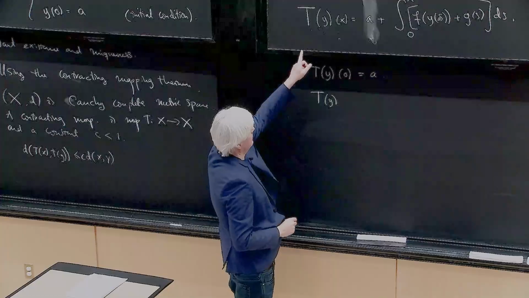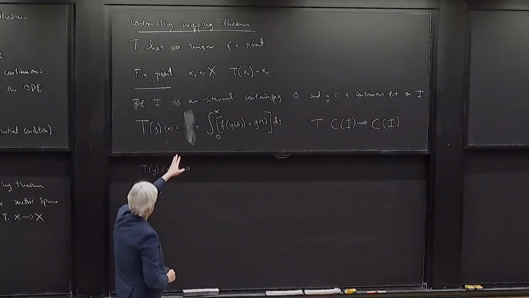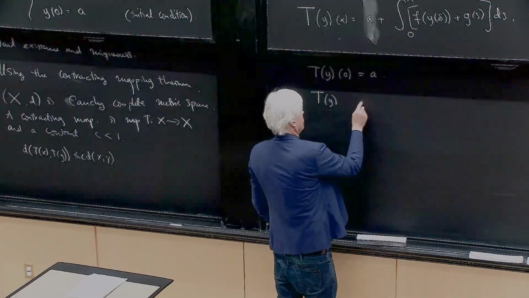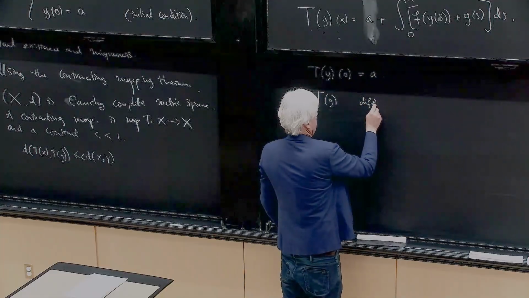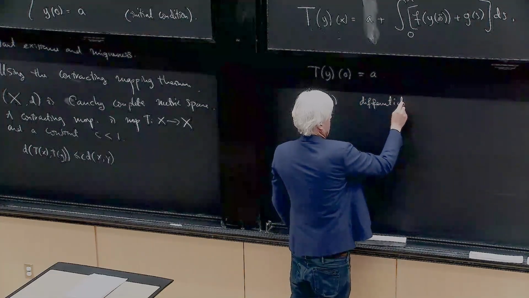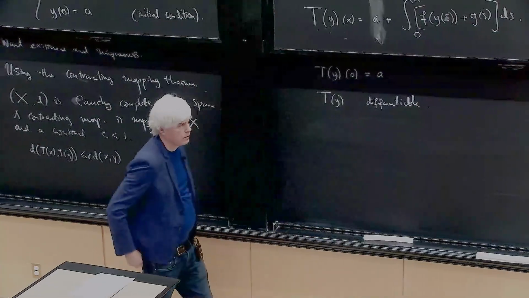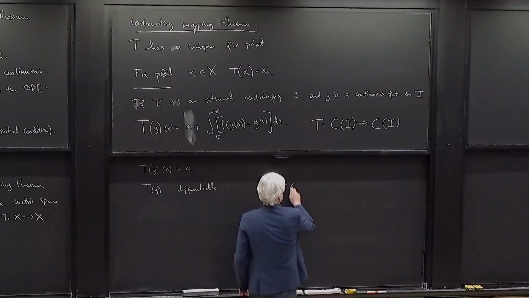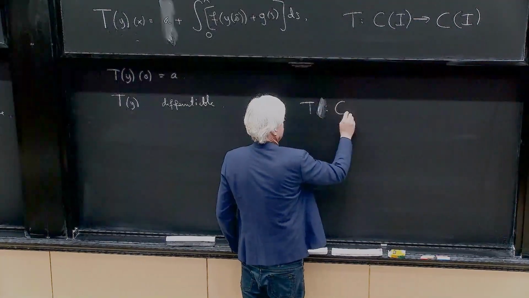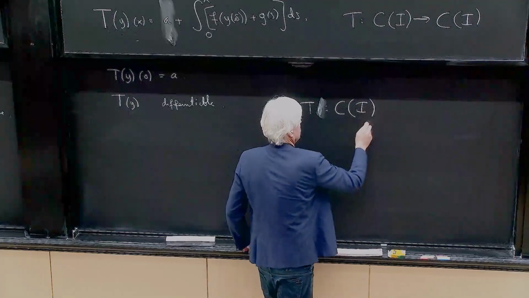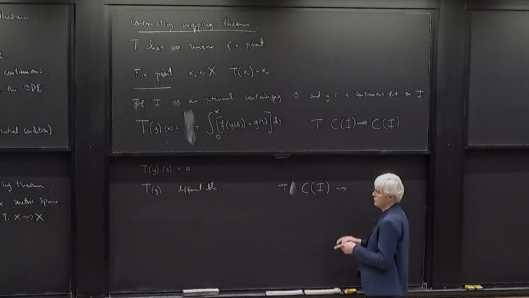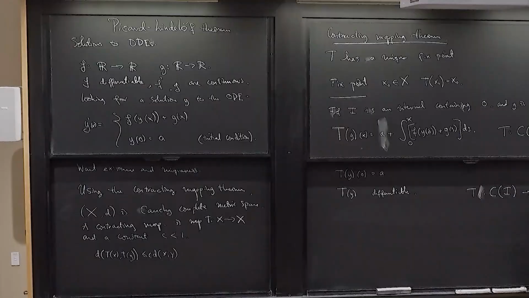when you define it like this, by the fundamental theorem of calculus, this function here is differentiable. So T actually takes the space of continuous functions into the space of functions that are not just continuous, but actually differentiable, and even the derivative is continuous.